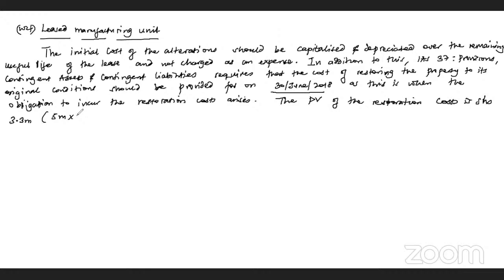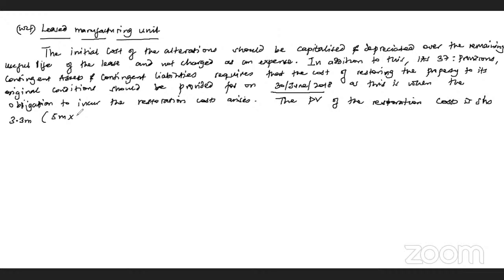the inception of the lease is 1st July 2017, but the obligation, we should provide for a provision on 30th June 2018, as this is when the obligation to incur the restoration cost arises.